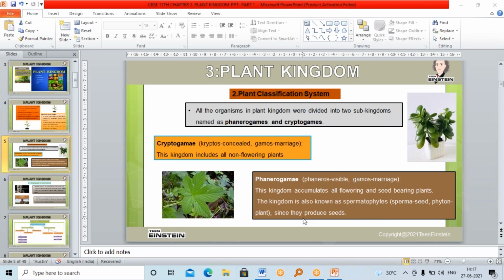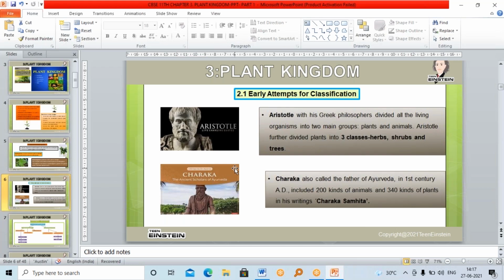These are called spermatophytes because they are producing seeds. Sperma means seed. These new terminologies, all these things, note down.